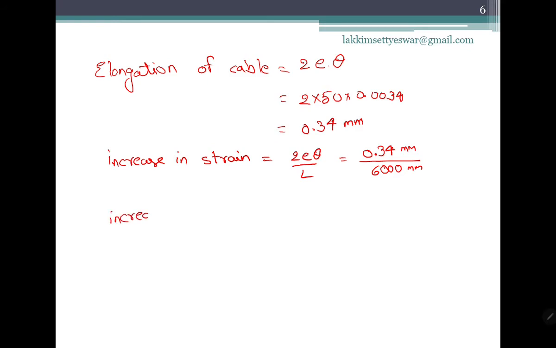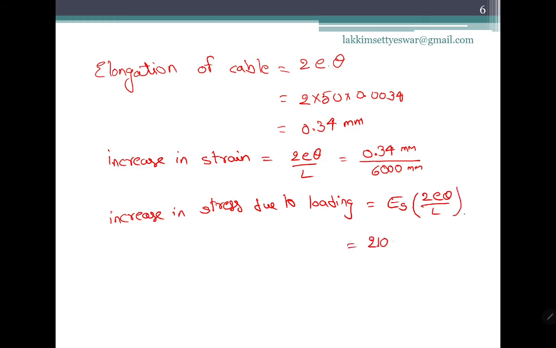So increase in stress due to loading is equal to Young's modulus of the steel into strain. So E's value is 210 into 10 cube into 0.34 divided by 6000. This value comes around 12 Newton per mm square. This is the increase in stress due to loading.